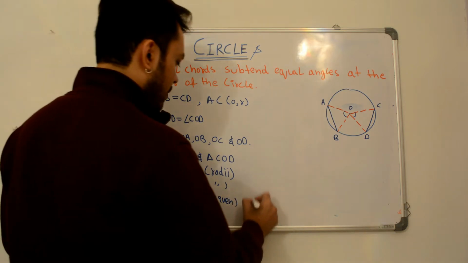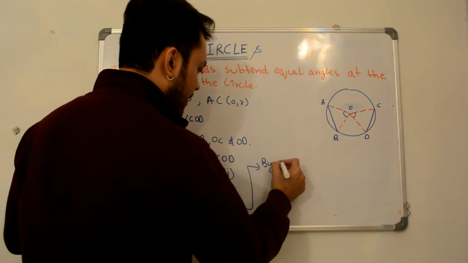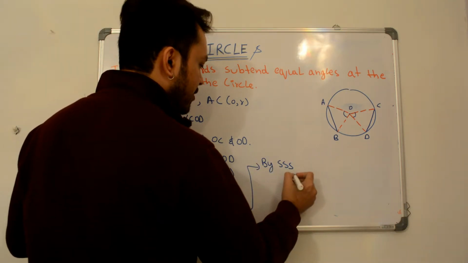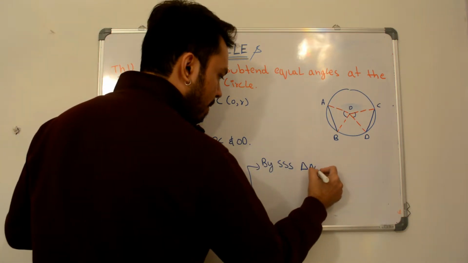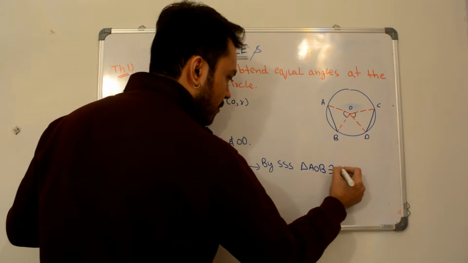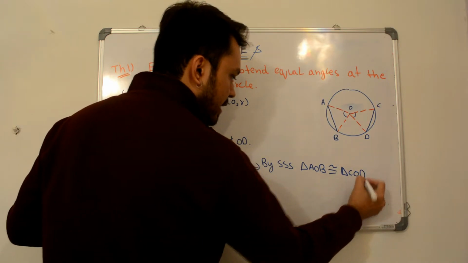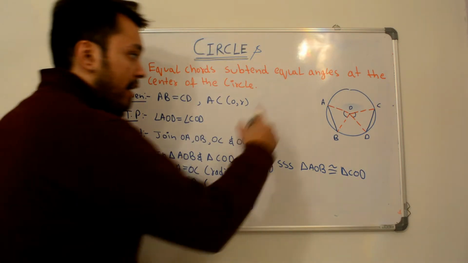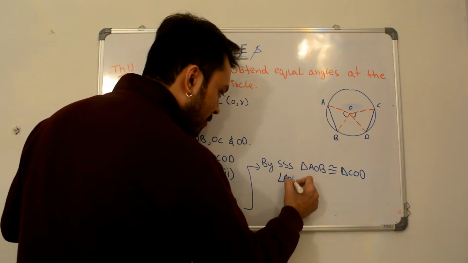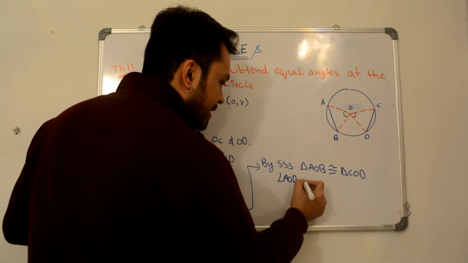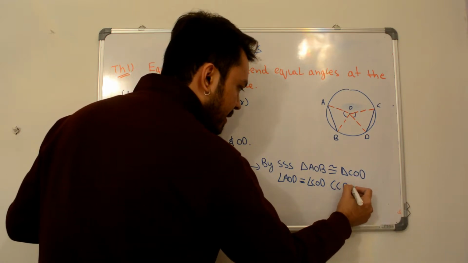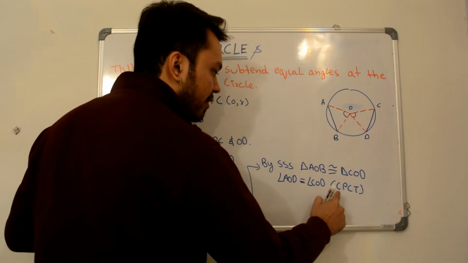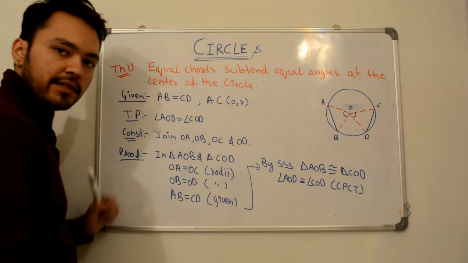So now we can say by triple S congruency theorem, triangle AOB is congruent to triangle COD. Okay. And now we can say angle AOD is equal to angle COD by CPCT, corresponding parts of congruent triangles, right?